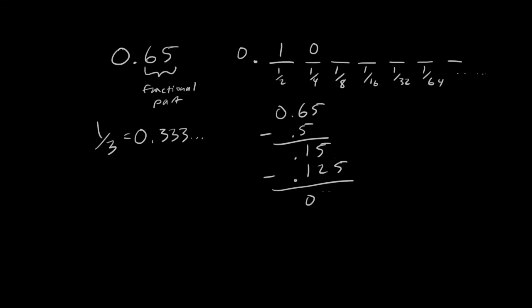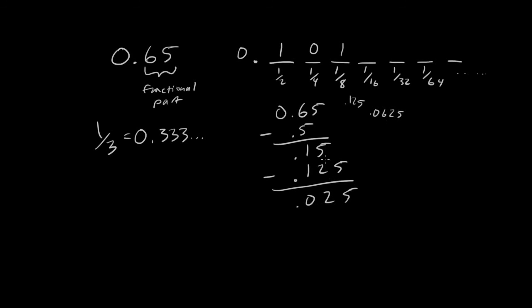Let's see, this is 5, so it's 0.25, or 0.025, I should say. Okay. So it looks like 1/8 goes into that. Now 1/16, let's see, 1/8 is 0.125, and just remember this, so 1/16 is going to be 0.0625.